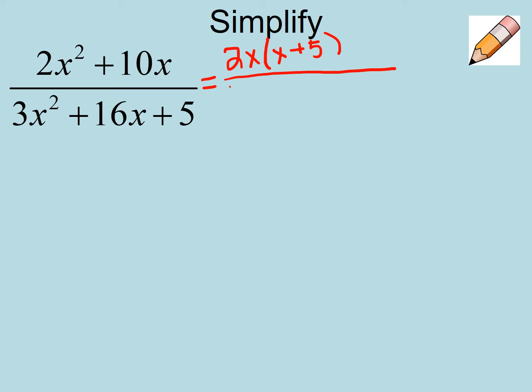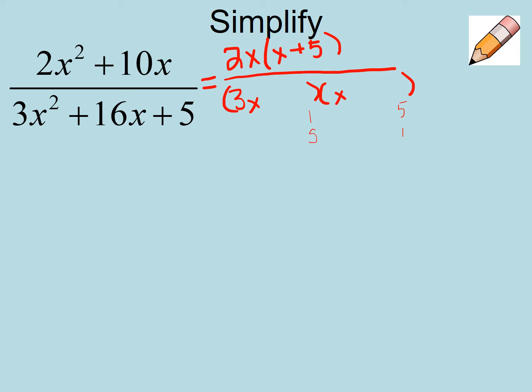So that's the setup, 2 sets of parentheses. Now I have 3x times x, which gets me back to 3x squared. And now we have to ask ourselves, do we want the 1 to go here and the 5 to go there, or the 5 to go here and the 1 to go there? Well, my outside plus my inside has to get to 16x. So let's try this first 1, 5 pair.